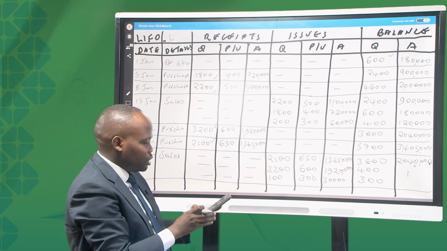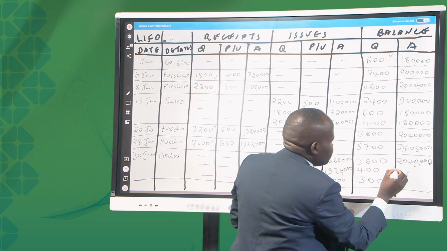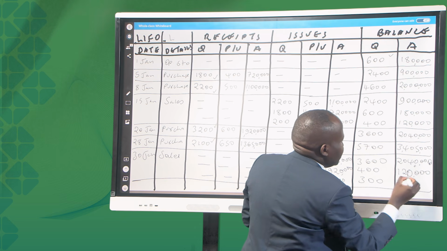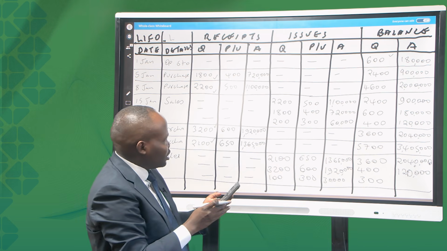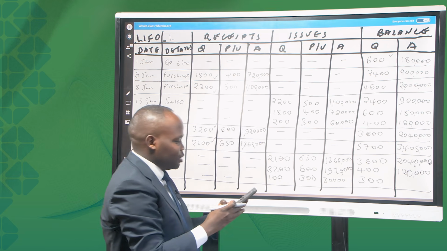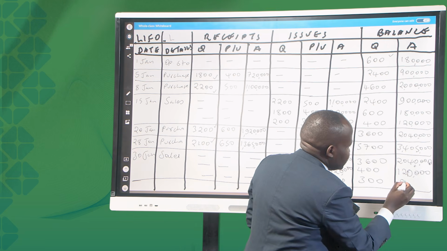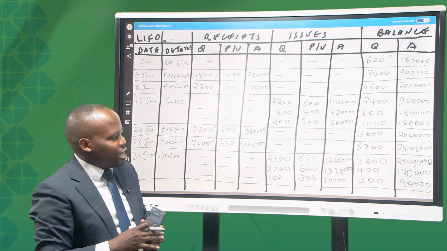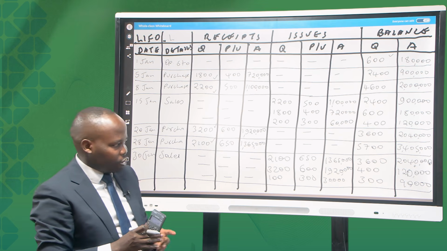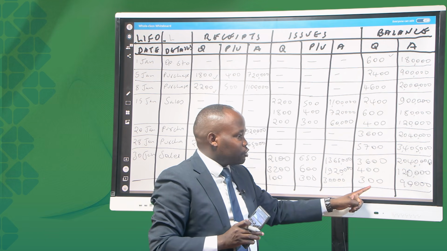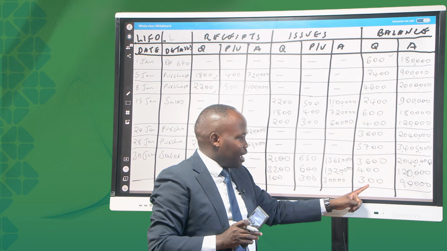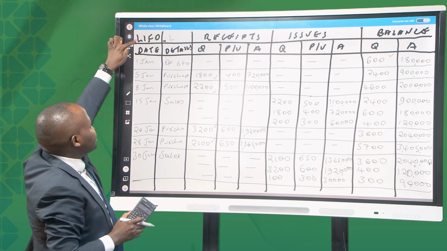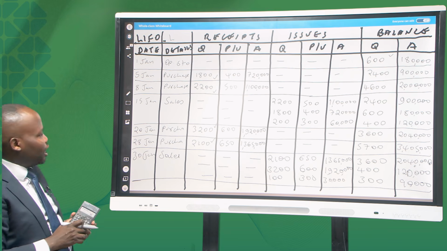Minus 1,920 gives us 120,000, and 120,000 minus 30,000. We are now right. It gives us 90,000. So this is using the last in, first out method. The final closing inventory units is 300 and the value is 90,000. That is last in, first out.